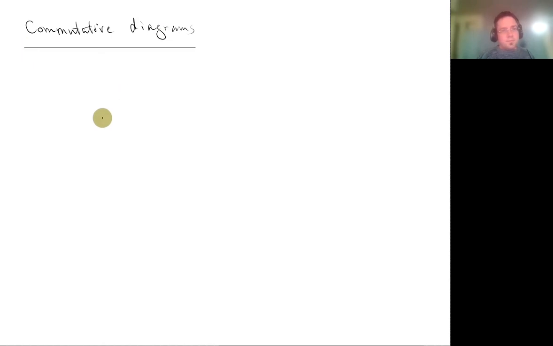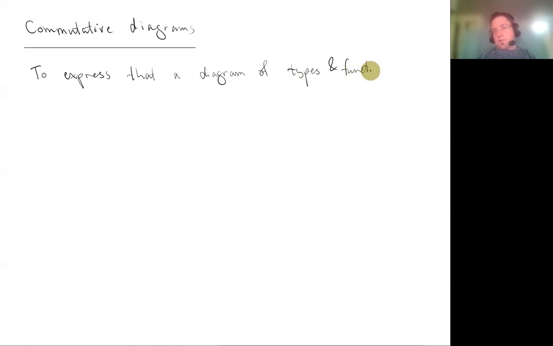To express that a diagram of types and functions commutes, we can use homotopies.